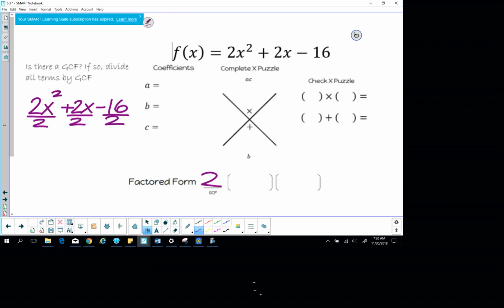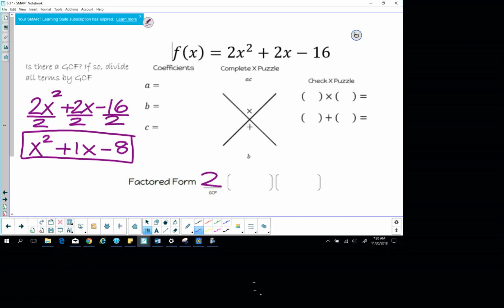So when you do this, you end up getting x squared plus 1x minus 8. And so that 2 just goes in front of the parentheses. So if you could divide by a GCF, that's where it is. And a lot of people forget about that.